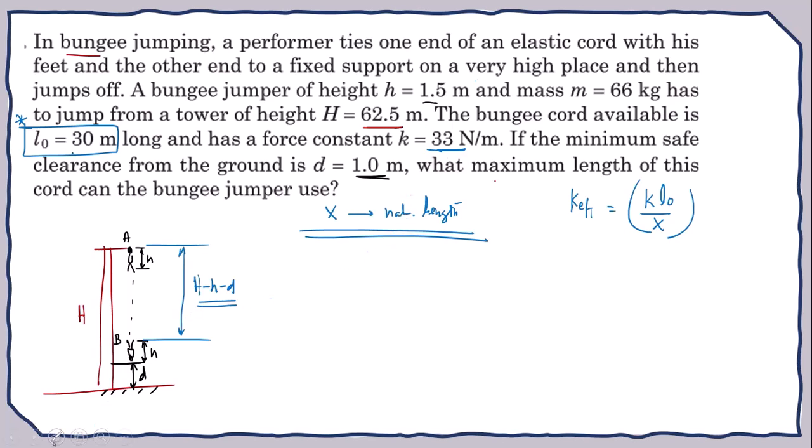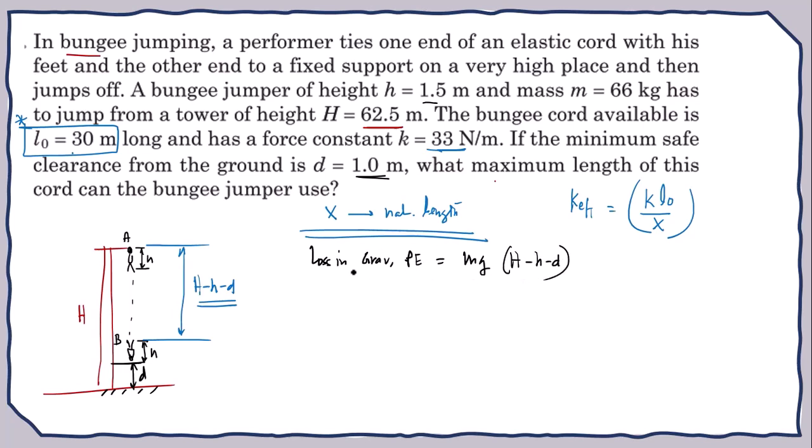The gravitational potential energy is lost, and the gain is the string potential energy. The loss in gravitational potential is mg times capital H minus small h minus d.